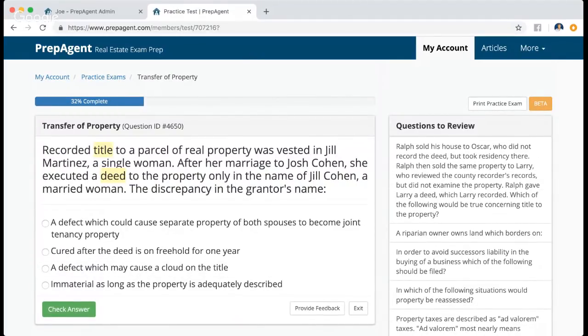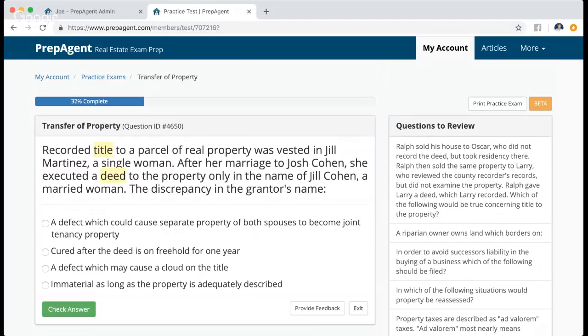Recorded title to a parcel of real property was vested in Jill Martinez, a single woman. After her marriage to Josh Cohen, she executed a deed to the property only named as Jill Cohen, a married woman. The discrepancy in the grantor's name: A, a defect which could cause separate property of both spouses to become joint tenancy property.